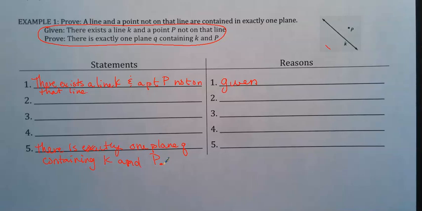Okay, and we could put some points on our line. So that's what I'm going to do. I'm going to use this expansion postulate. And we're going to say, okay, our line K contains 2 points.